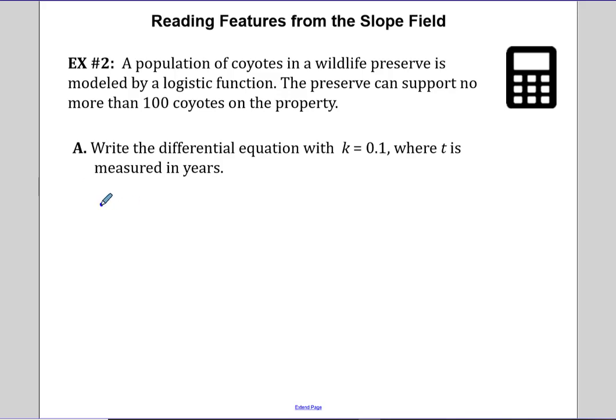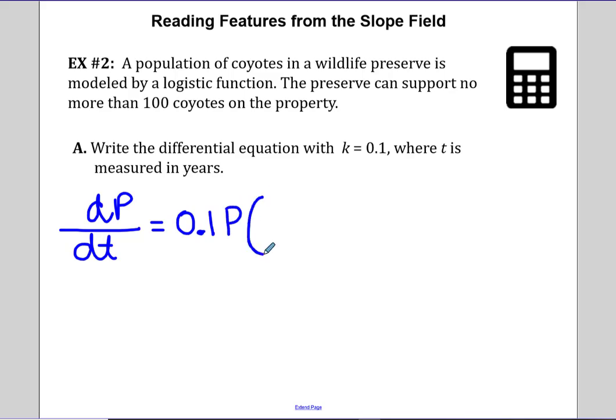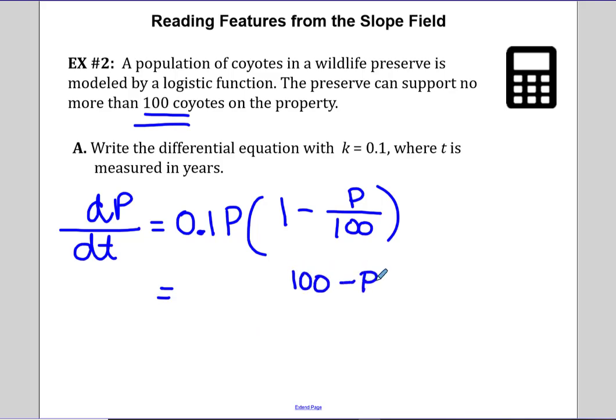So the differential equation would be the rate of change of the population with respect to time is the K factor, so 0.10 times the population, and we've got 1 minus the population divided by 100. And if we simplify this, we can put this as 0.001 times P times 100 minus P.